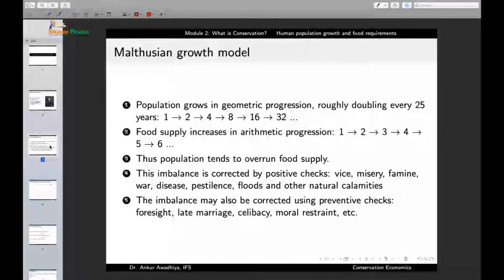He observed that population grows in geometric progression, roughly doubling every 25 years. The human population grows in geometric progression. Now, what is geometric progression? Geometric progression means that every term in the sequence is a multiple of the previous term.